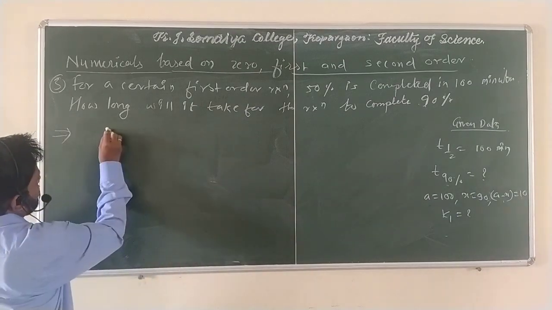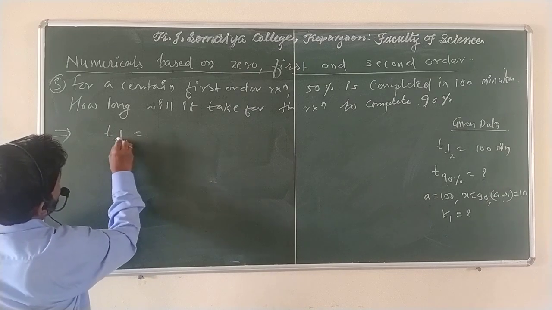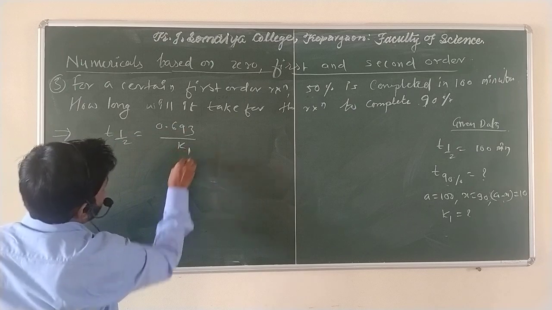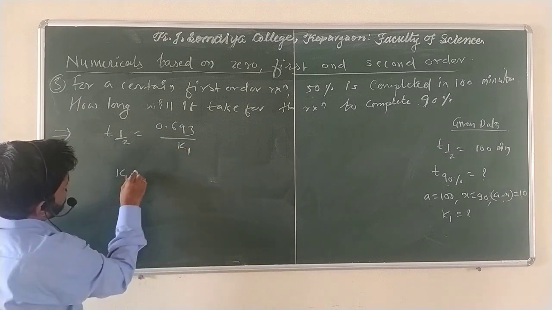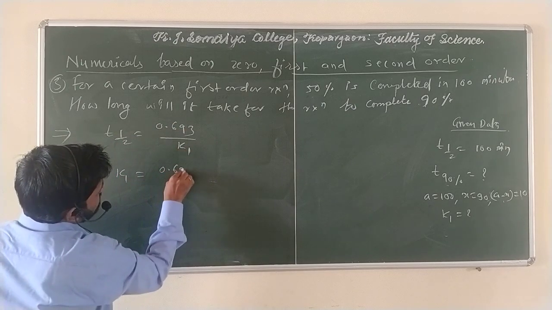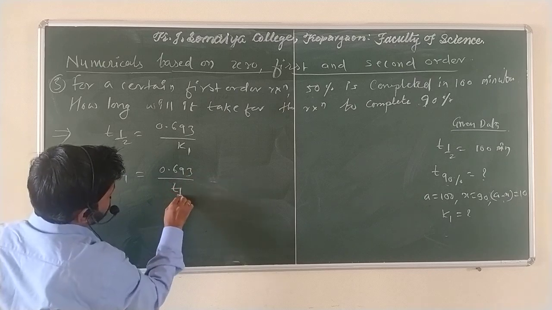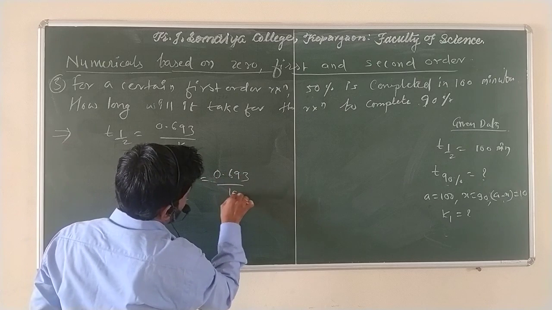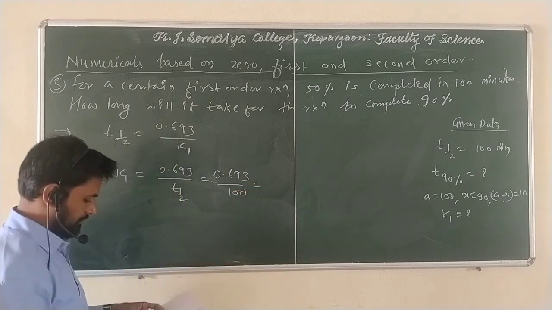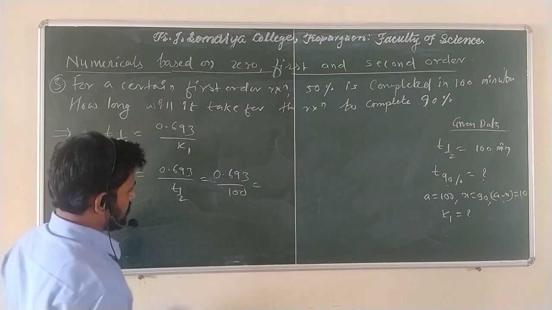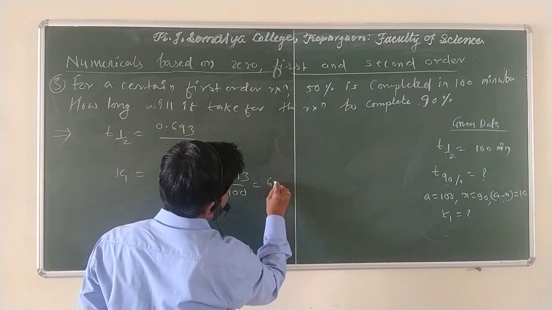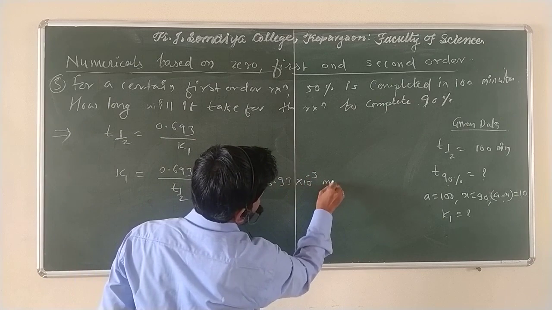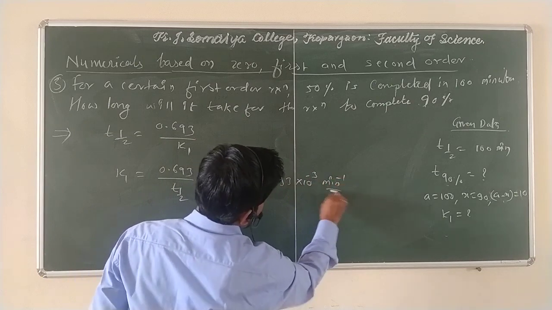T half equal to 0.693 upon K1. So K1 equal to 0.693 upon T half, that is 0.693 upon 100. This becomes 6.93 into 10 raised to minus 3 per minute, because this is the rate constant.